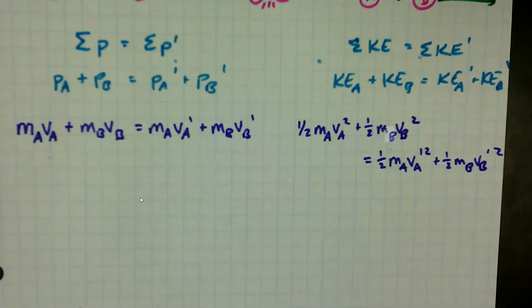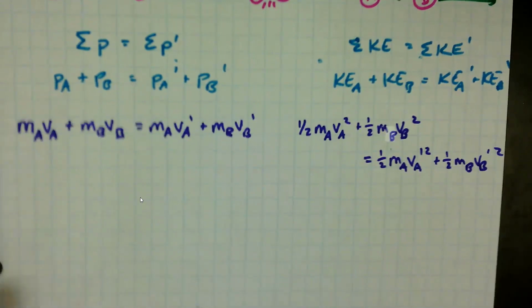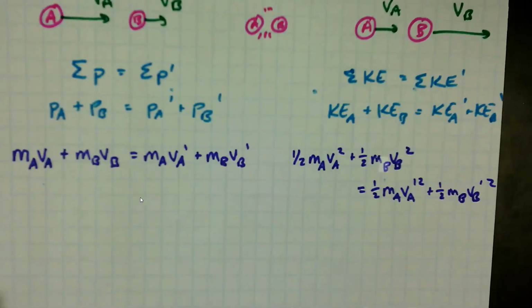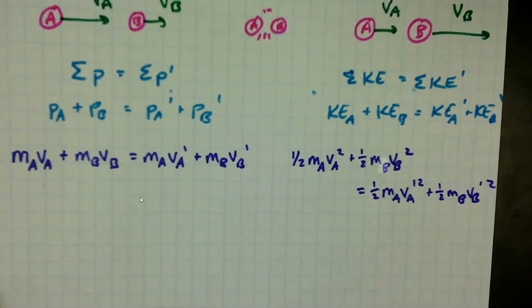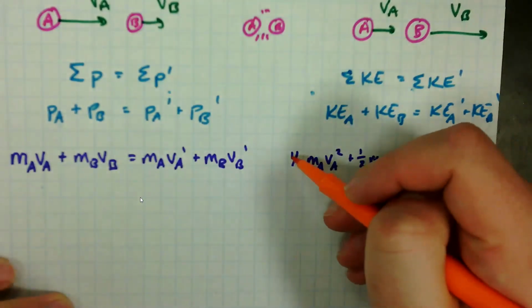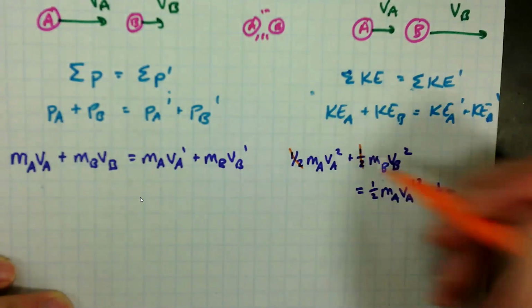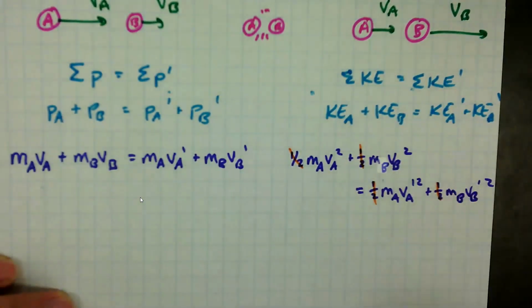And what I want to do is get what I'm going to call an elastic collision condition. I want to combine these two equations in such a way that I can get a simple equation that's always true for elastic collisions. So to do that, I'm going to do a little bit of simplifying first. There's a 1/2 in every term here, so I'm going to cancel out all my 1/2s.